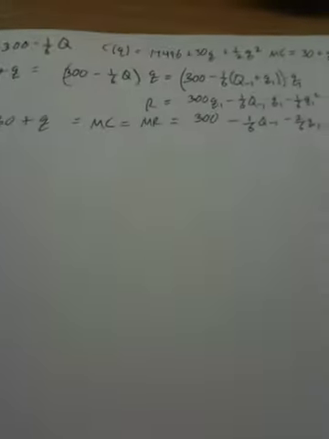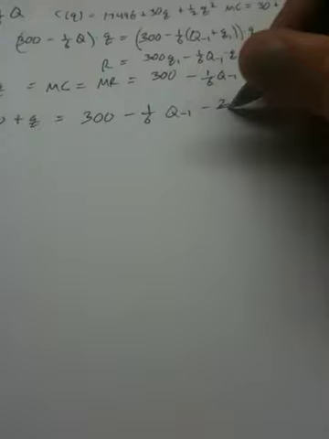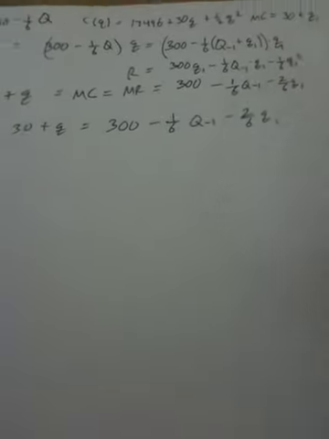And now we want to solve for q. So we've got 30 plus q equals 300 minus 1/6 all the other q's minus 2/6 this little q.